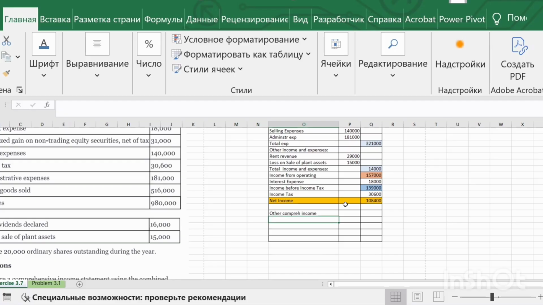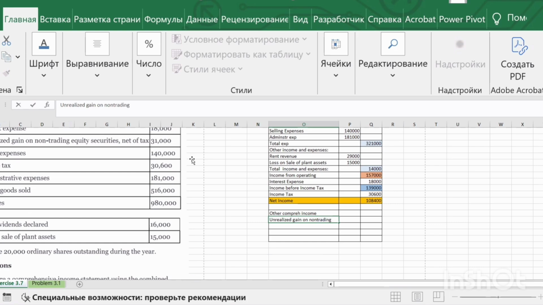So it might be conducted by some shares or changes in exchange rates and so on. Okay, and the name of it, unrealized gain on non-trading equity and so on.